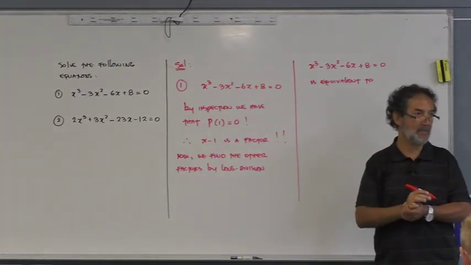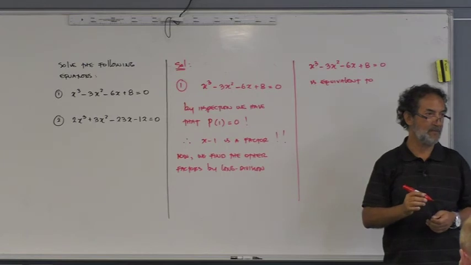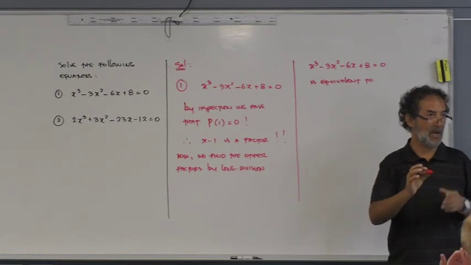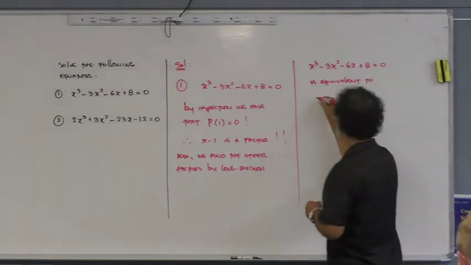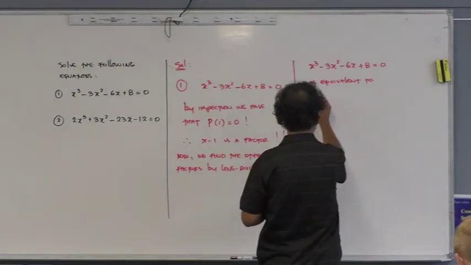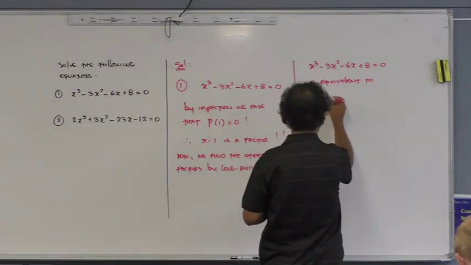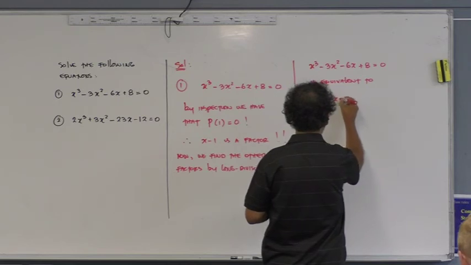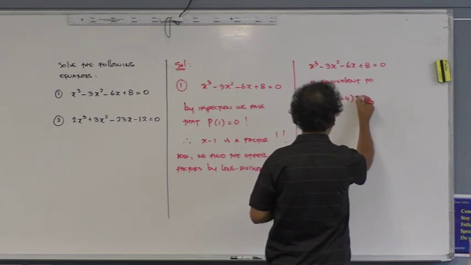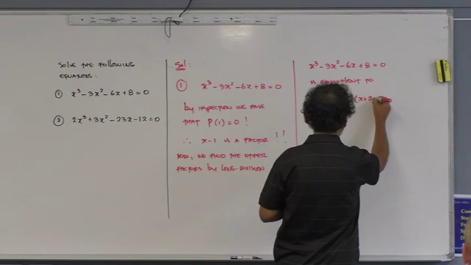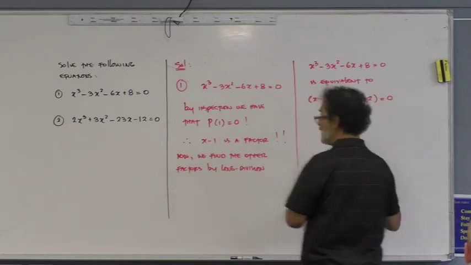Megan, sorry. x squared minus 2x. Wait, I want all the factors. x minus 1, x minus 4, x plus 2 equals 0.